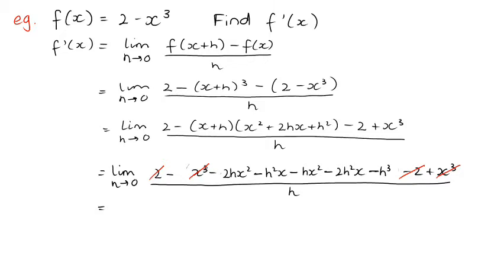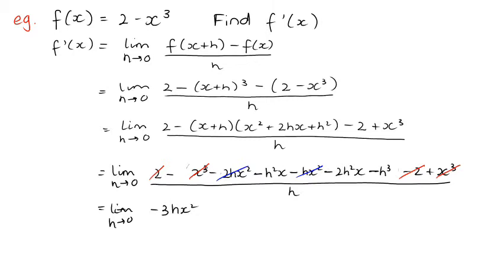No, because they're all negatives. So I'm going to rewrite it. We've got negative 2hx squared minus hx squared. So that one and that one make negative hx squared.